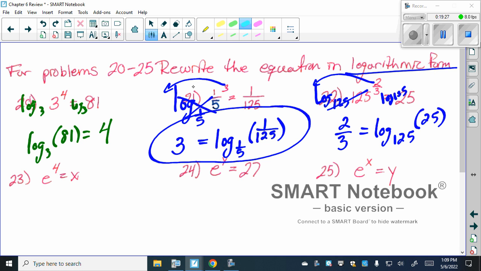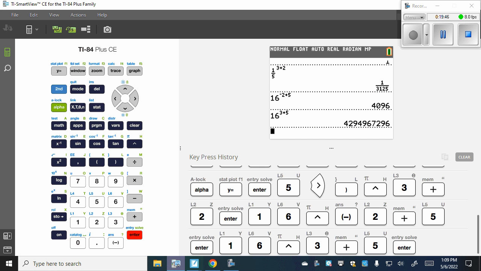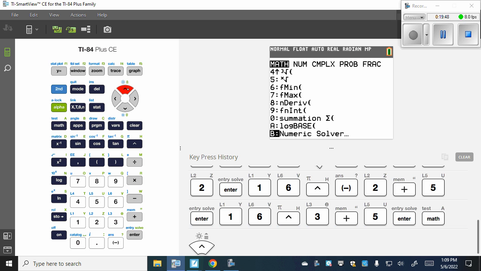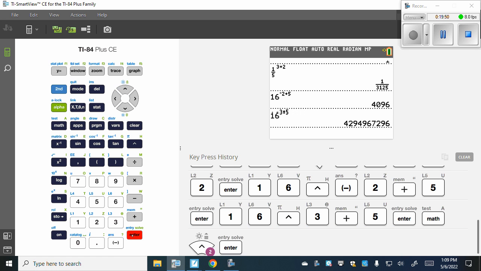One more time. Like this part here? Did you make sure to do 1/5 and not 5? So let's see here. Math, log base.